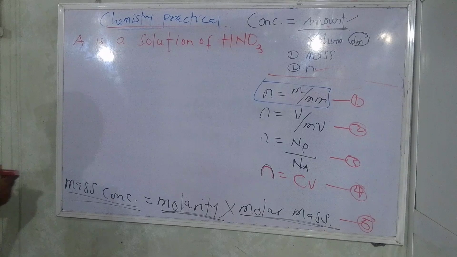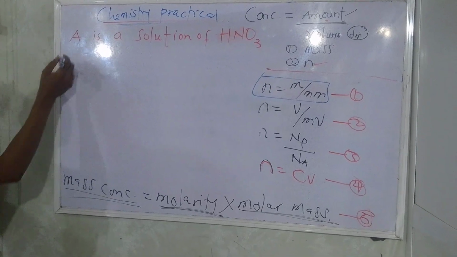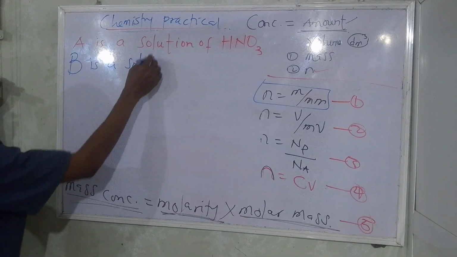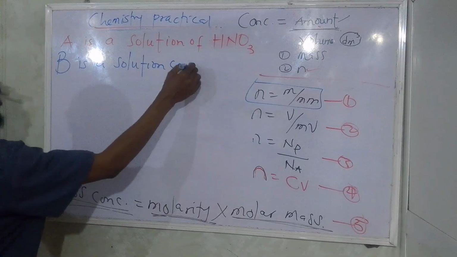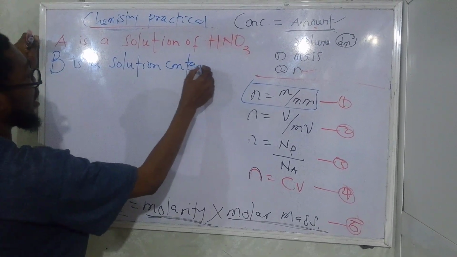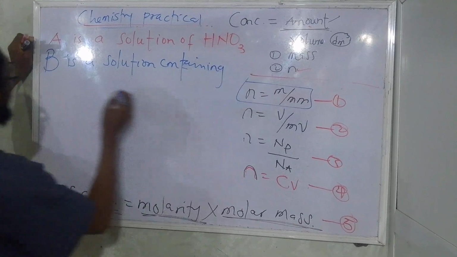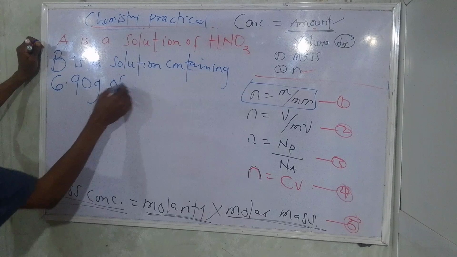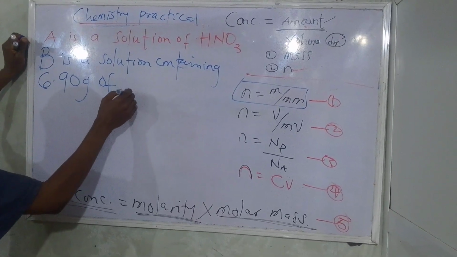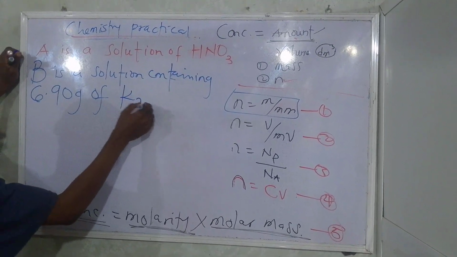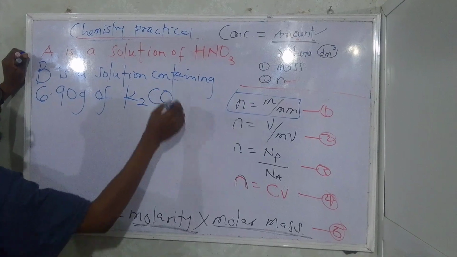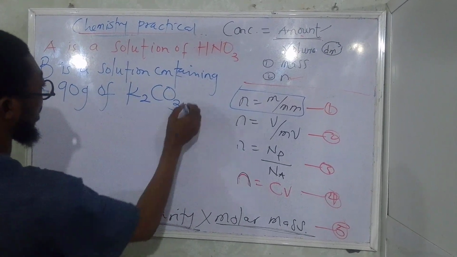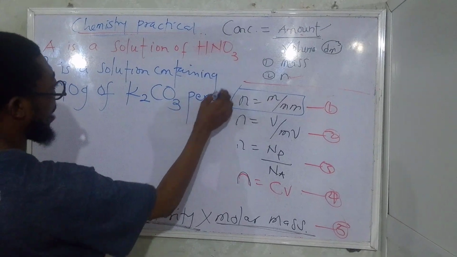B is a solution containing 6.90 gram of potassium trioxocarbonate(IV) per dm cube.